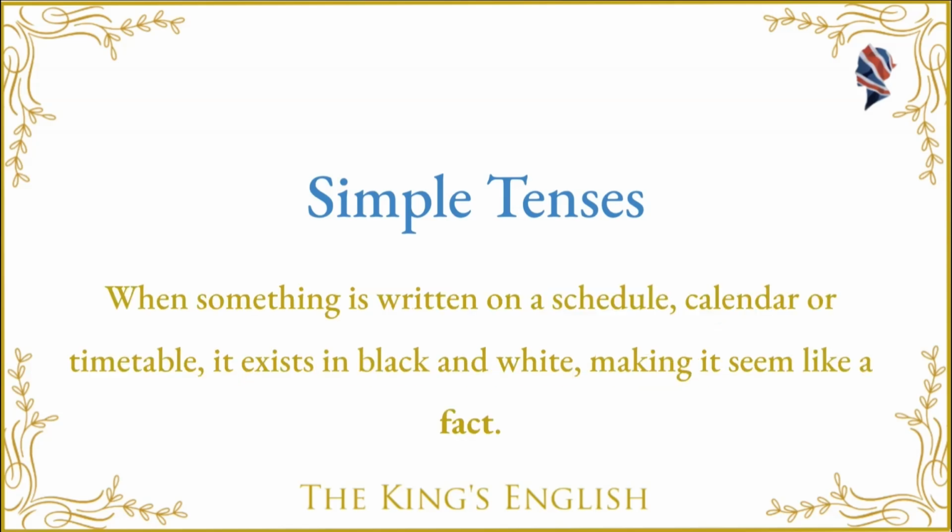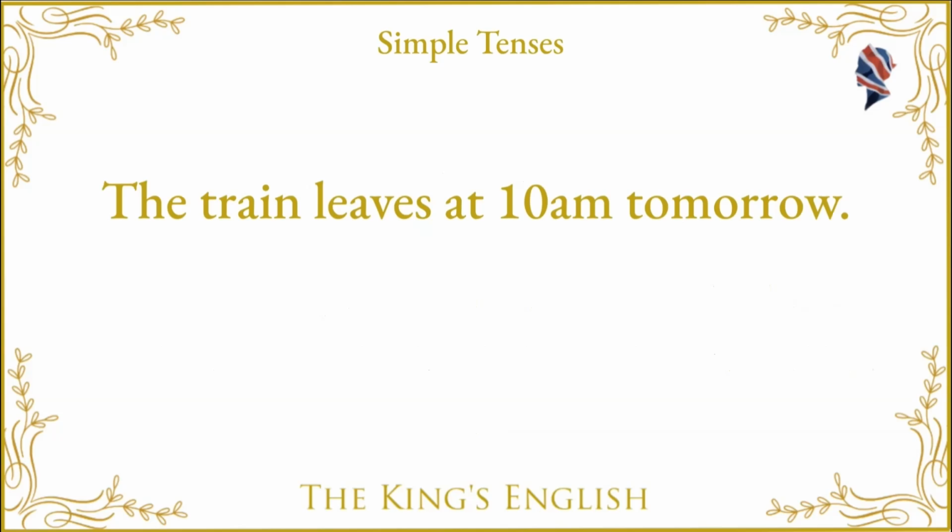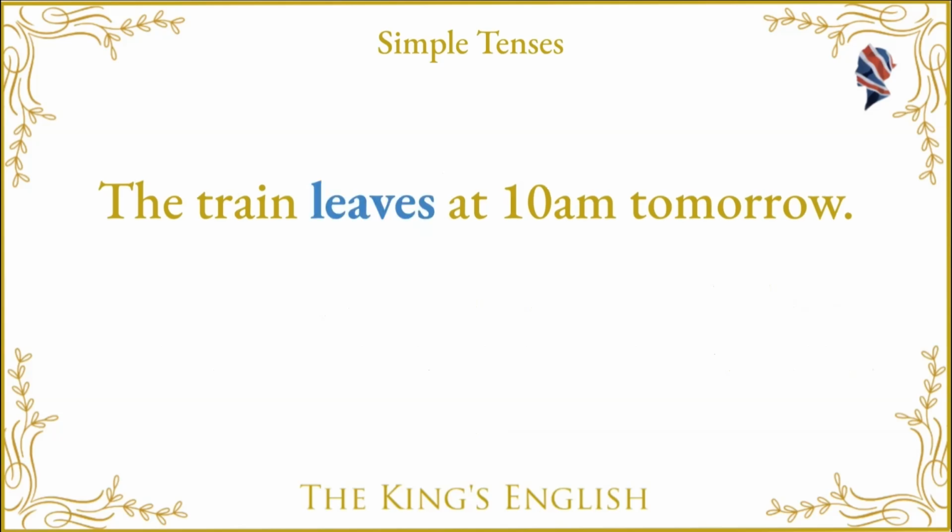When something is written on a schedule, calendar, or timetable, it exists in black and white, making it seem like a fact. The train leaves at 10 a.m. tomorrow. Present simple for future. Scheduled event.